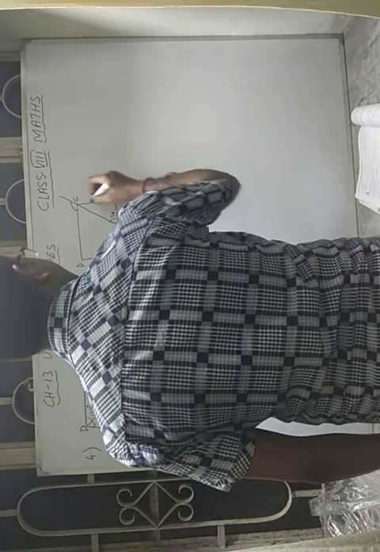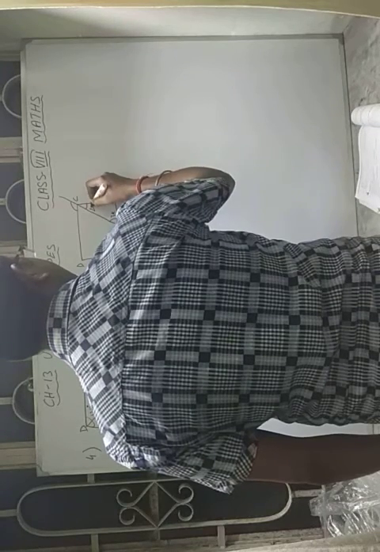ABCD is a rectangle and the ratio of angle CEB to angle ECB is given as 3:2. 3:2 means this is 3x, you can write, and you take this as 2x.